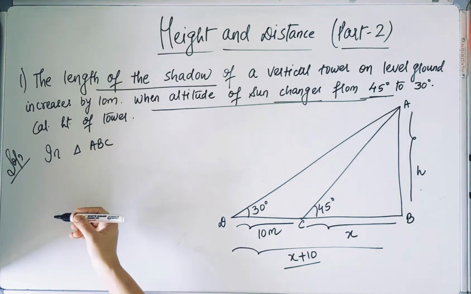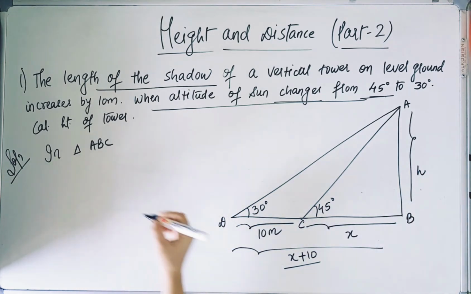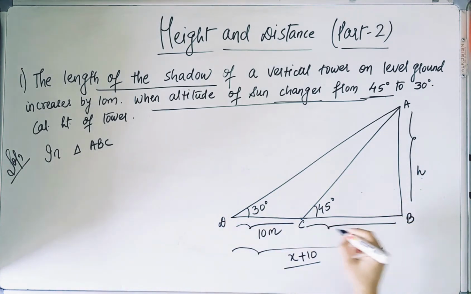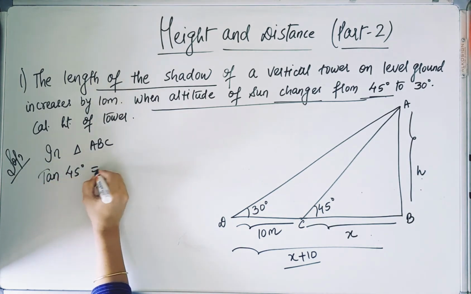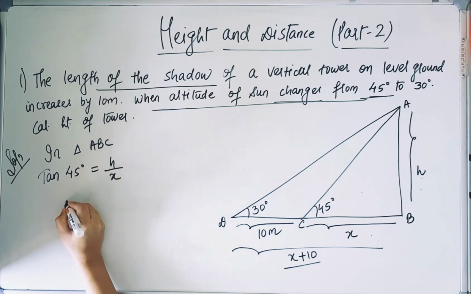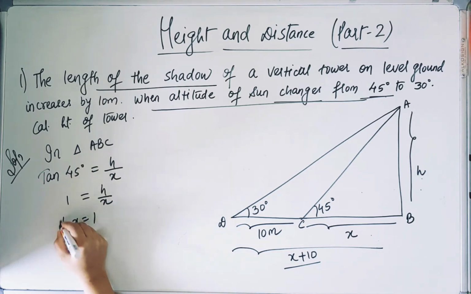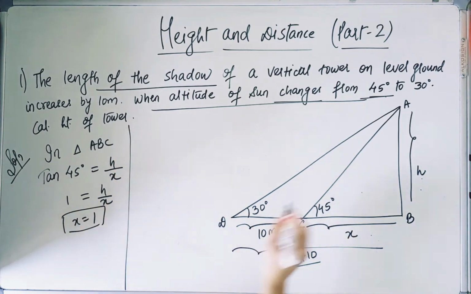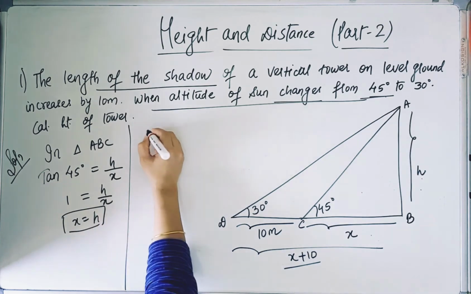We have to write all these things over here. I am only solving the solution part. Now see, in triangle ABC, since we are talking about perpendicular and base, so I'll take tan 45. Tan 45 will be h by x. Tan 45 is 1. So x is equals to h.